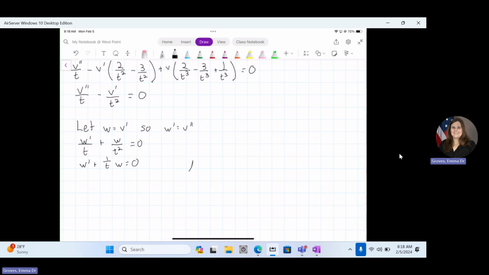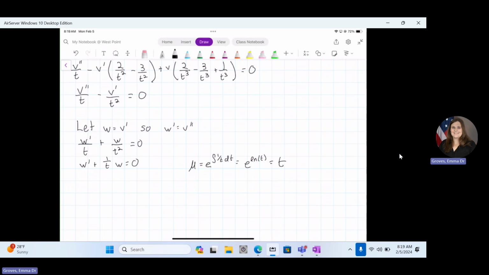So my integrating factor, mu, is going to be e to the integral of 1 over t dt, which gives me e to the natural log of t, which is just t. Partially why I did this, it's not a hard integrating factor one.